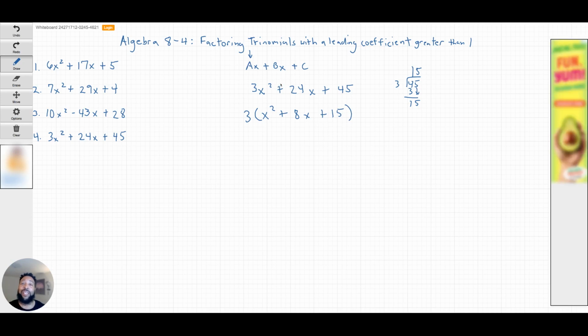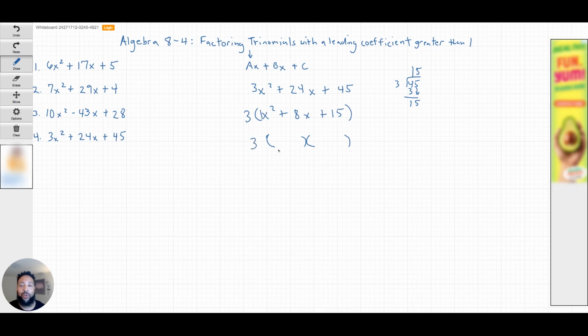Now you see how that's different from the problems we were doing before, but it looked as though we needed to do the same thing as before. But sometimes these can be a little tricky when all you have to do is just factor out a common number. And now this goes back to what we originally did with the trinomials where the leading coefficient was a 1.